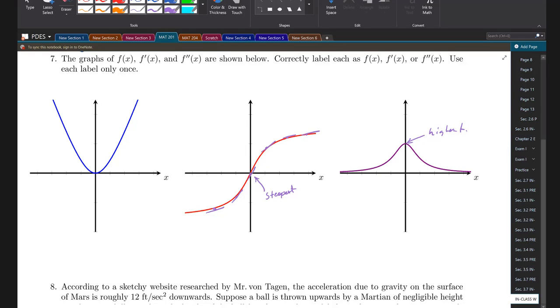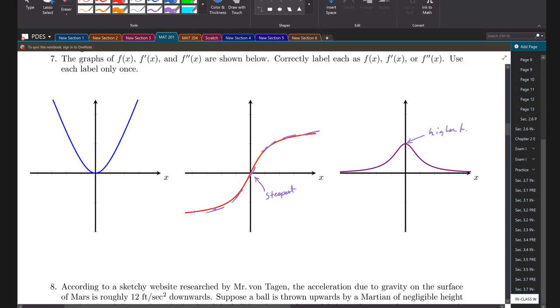Now, look also and see that on either side, the tangent lines, as we said, are still positive, but they're getting closer and closer to 0, right? They're positive slopes, but they're close to 0. Okay, so here I would say m is greater than 0, but close to 0. And that's exactly what we see right here, right?